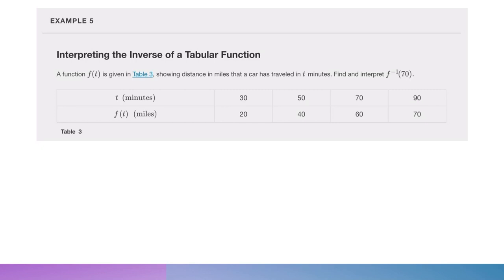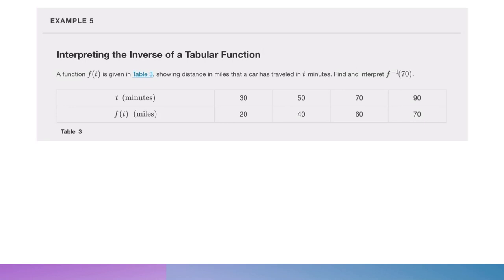A function f of t is given in table 3, showing distance in miles that a car has traveled in t minutes. Find and interpret f inverse of 70. Notice that one of our output values is 70. So the inverse function should take us back to the original. If we start with the output of 70 and pass it through the inverse function, taking us back to the original should give us 90.